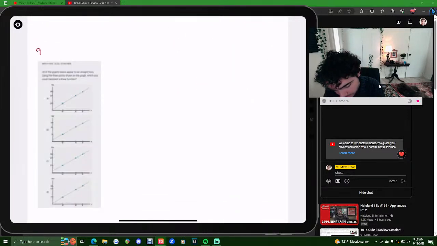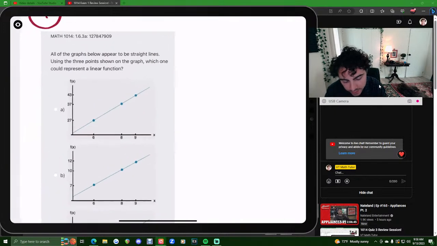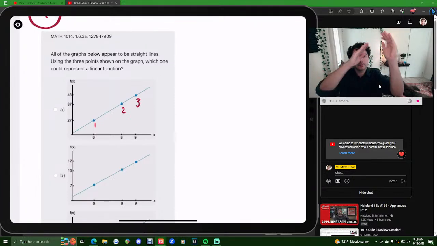Let's do number 9. Here they say all the graphs appear to be straight lines, but using the 3 points, show on the graph which one could represent a linear function. So what we need to do is check if the slope between points 1 and 2 is equal to the slope between points 2 and 3. If the slope is consistent from one segment to the other, if the slope is the same, then that will kind of prove we have a linear function.